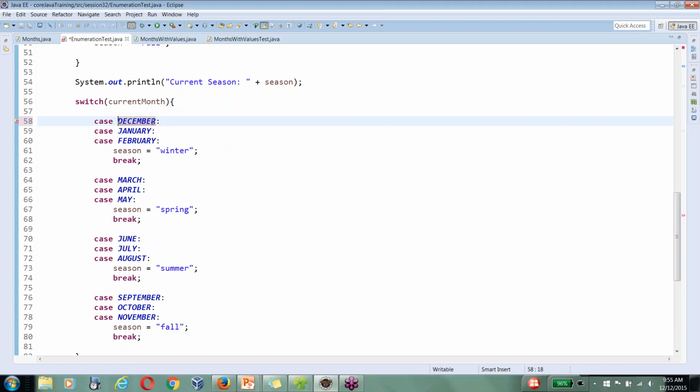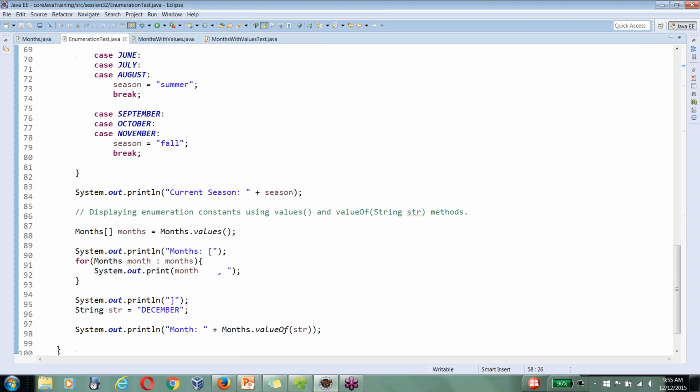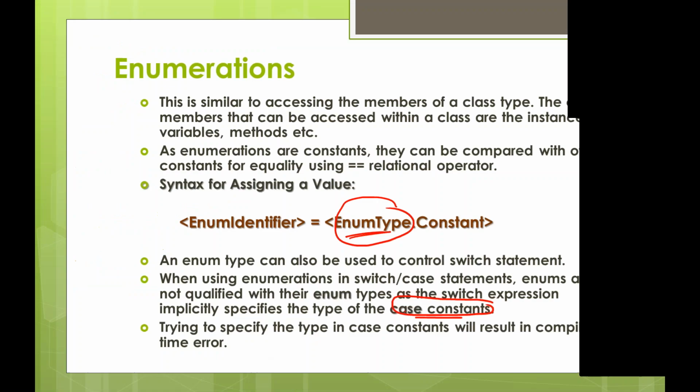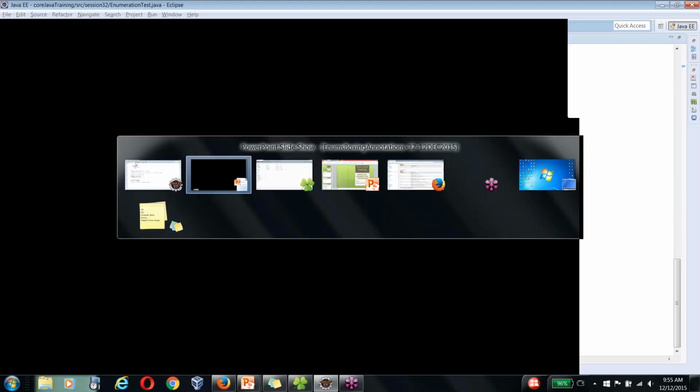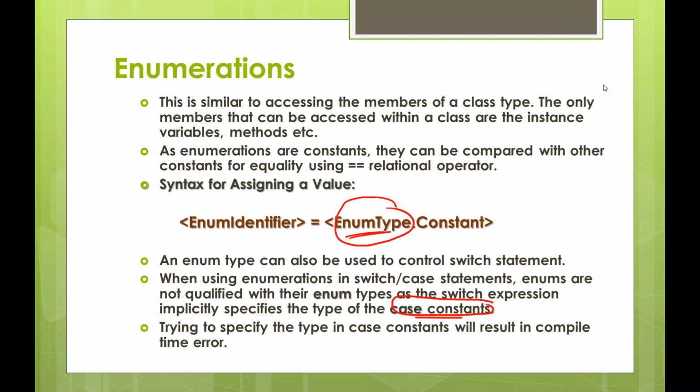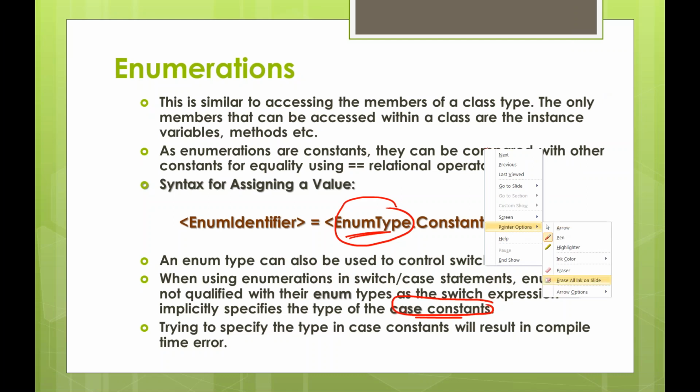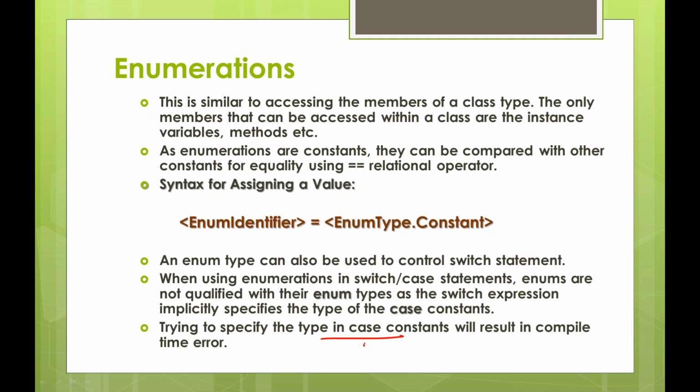So it should not be qualified, it should be an unqualified constant. An enum case label should be an unqualified enum constant. That's what we discussed just now, and that is what I meant by saying it results in a compile time error.